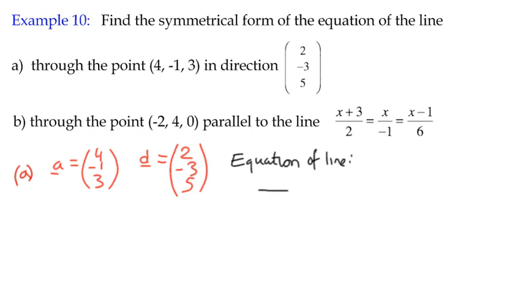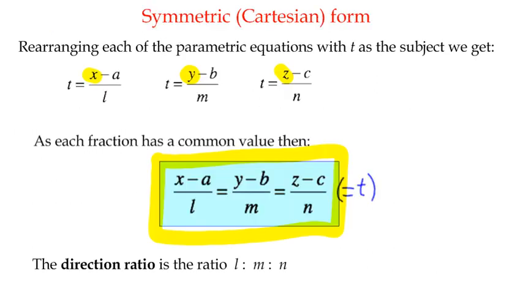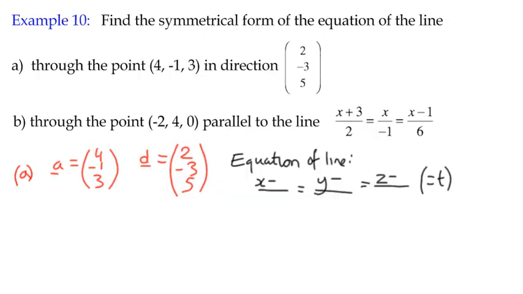The shape is that it's got x minus something over something equals y minus a number over a number equals z minus a number over a number, and that's all equal to the parameter t. Well, what are the numbers that go where? Well, looking back to here, we can see that the numbers on the top, A, B, and C, represent the point that the line passes through, and L, M, and N represent the direction vector.